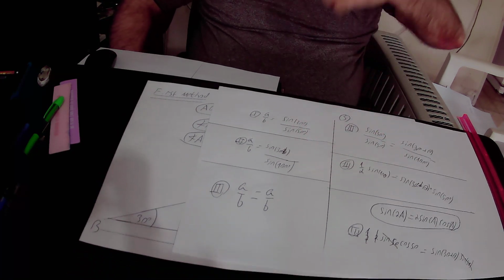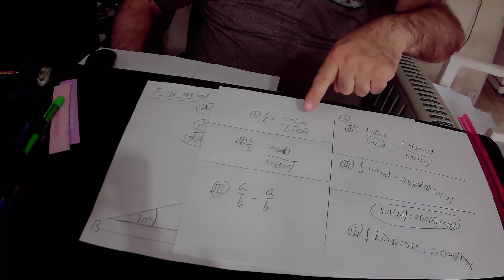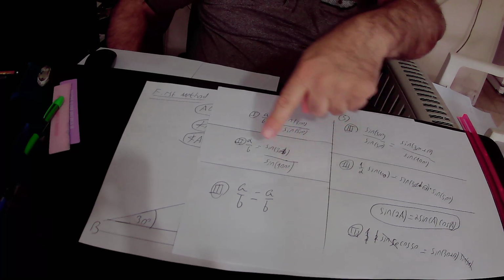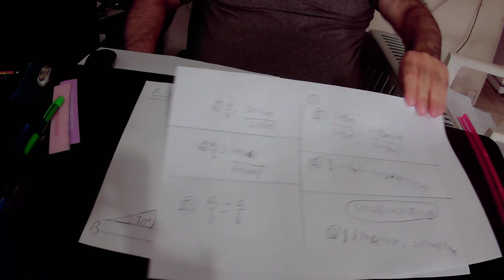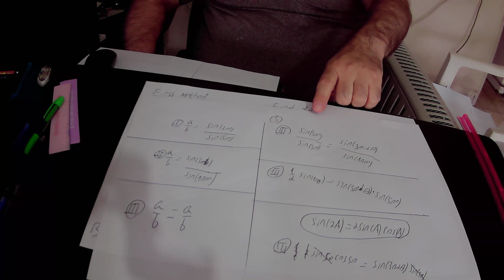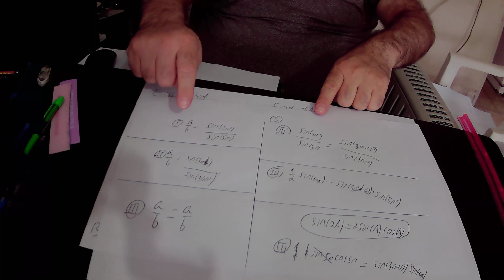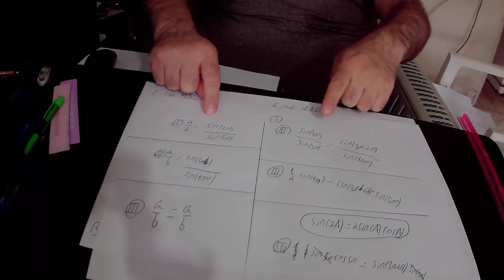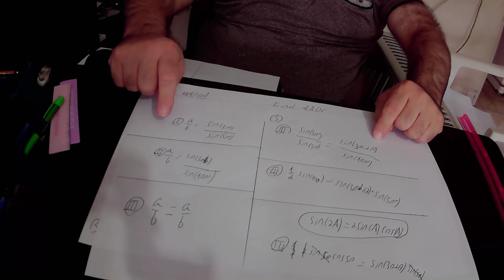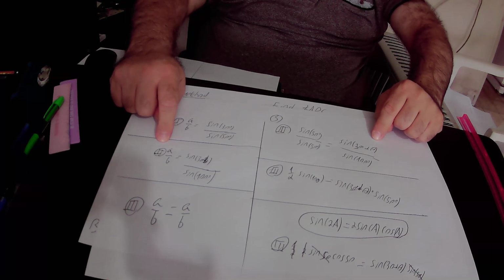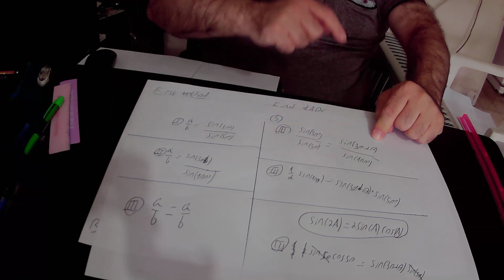So we created equation number 3, which states that A over B according to equation number 1 must be equal to A over B according to equation number 2. Okay? So A over B according to equation number 1 is sine 30 degrees over sine 50 degrees, and it must be equal to A over B according to equation number 2, that is sine 30 degrees plus theta over sine 100 degrees.